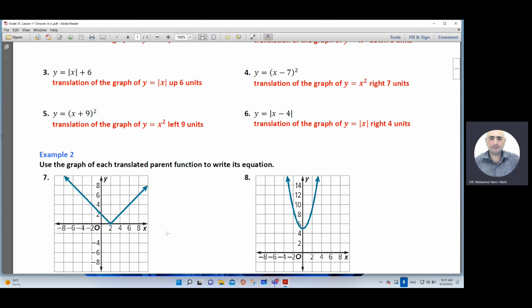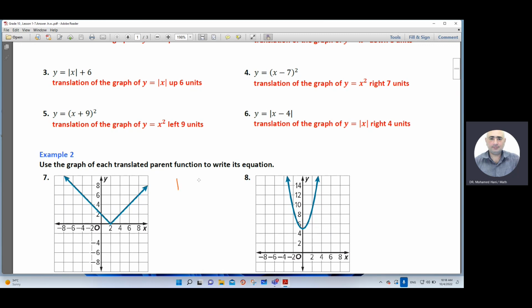From the graph, who can tell me what is the name of this function? Absolute value. And you remember the form of the absolute value function.